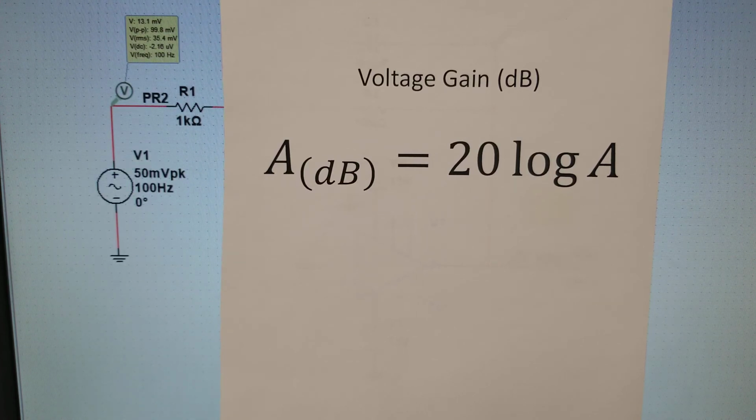So you have to type in 20 log and then the answer of our previous box, our A, our voltage gain. And you'll find that our dB gain is 20 dB. Now, this formula and the previous formula you should have probably written down. If you haven't, go back, copy it down, because you'll be using it to fill out the rest of these tables.